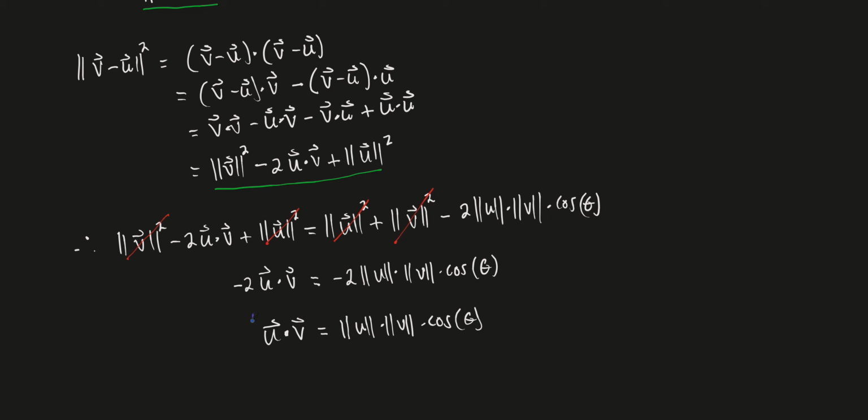This is a really good result. It is an alternative formula for the dot product, but it is a geometric formula because look at what it's referring to on this side. It's saying your dot product can be expressed in terms of magnitudes and angles, and those are geometric concepts. So this is a geometric formula for our dot product.